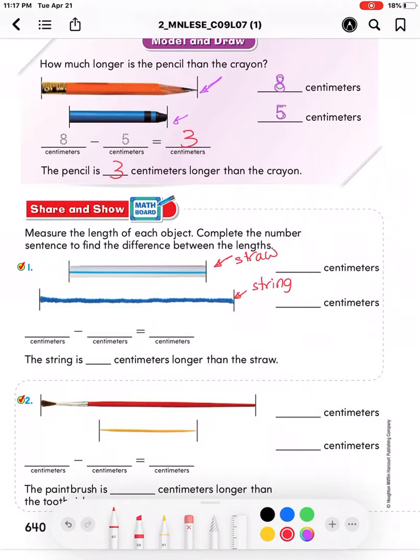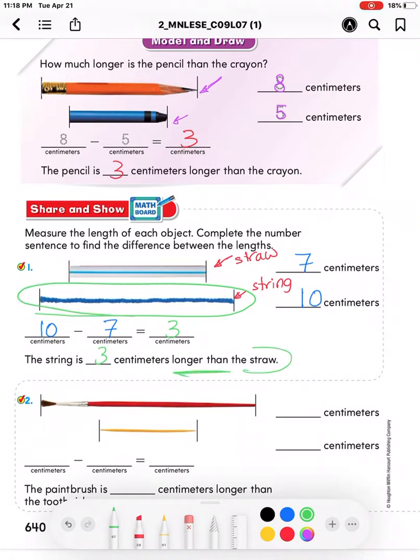Now, in order to know how much longer is the string than the straw, I should make 10 minus 7, and we will get 3. So the string here, right here, is 3 centimeters longer than the straw.